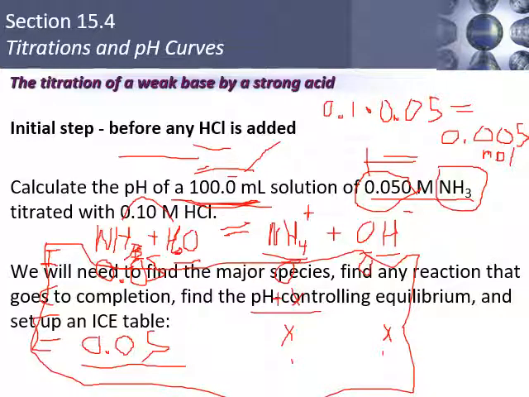You could do this in your head, well, maybe not, but anyway. So what's the equation going to be? It's x squared over 0.05 equals 1.8 times 10 to the minus 5th.